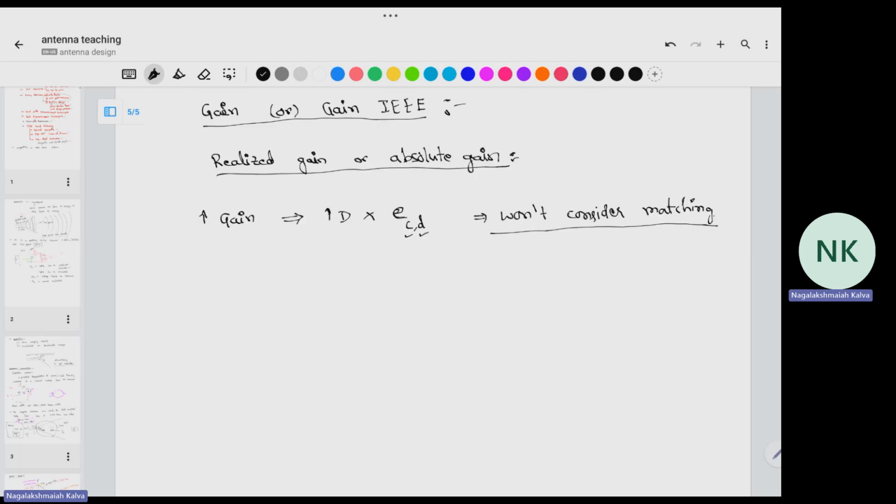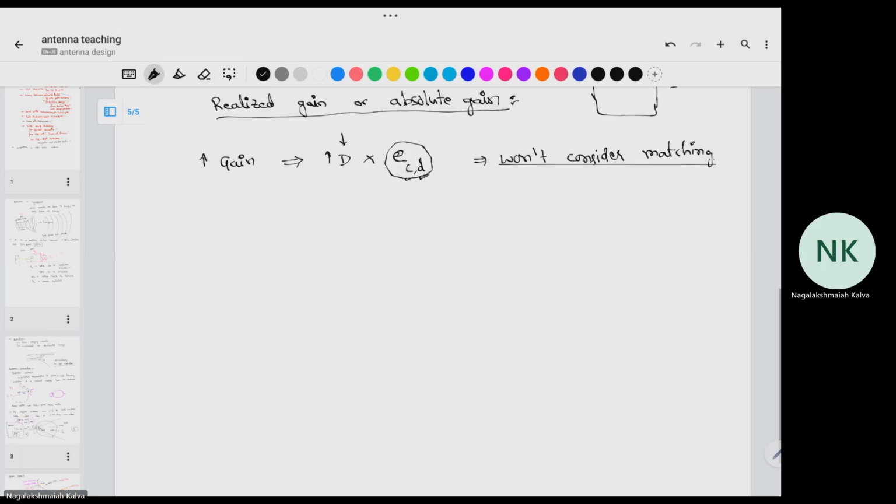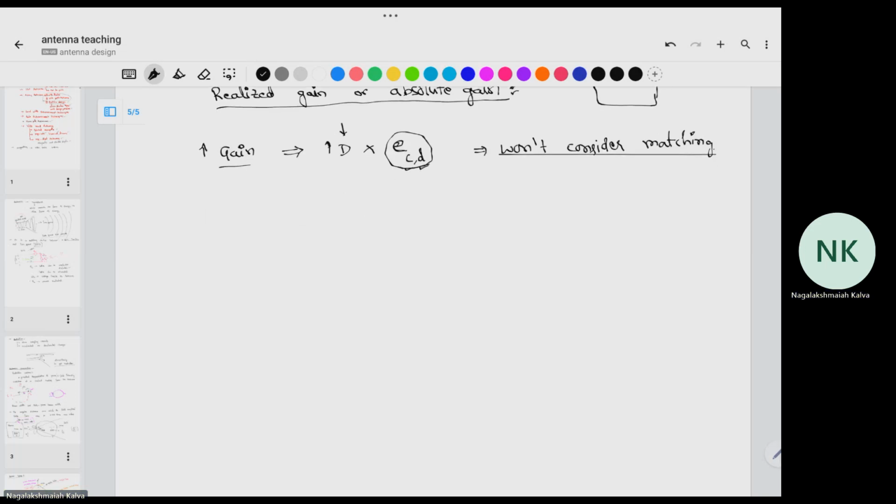They'll only consider the aperture size. If I have some aperture, this aperture will have a certain directivity. This directivity multiplied by the efficiency of the antenna because of conductor losses and dielectric losses combined together is the gain term.